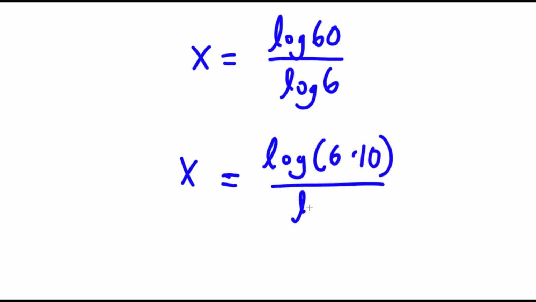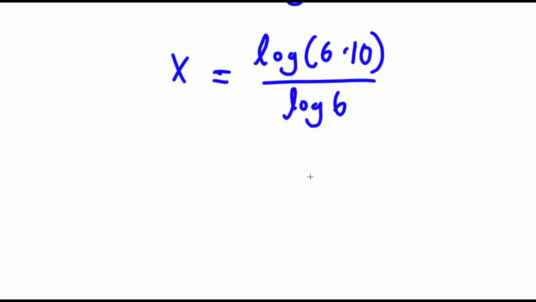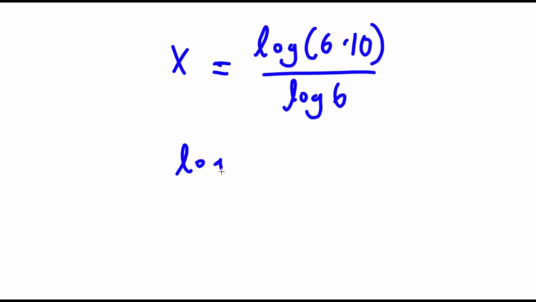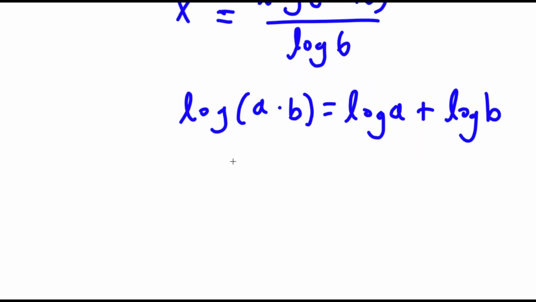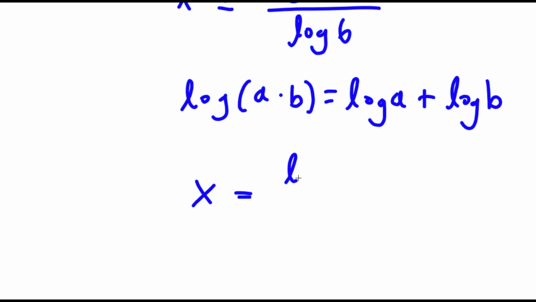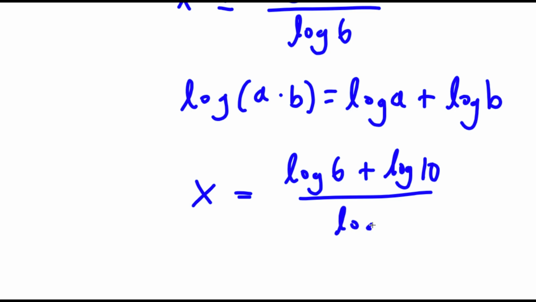Now I have this over log 6. So if I have something in the form log of a times b, this is equal to log a plus log b. So log 6 times 10, that's going to equal log 6 plus log 10. And now I have this over log 6.